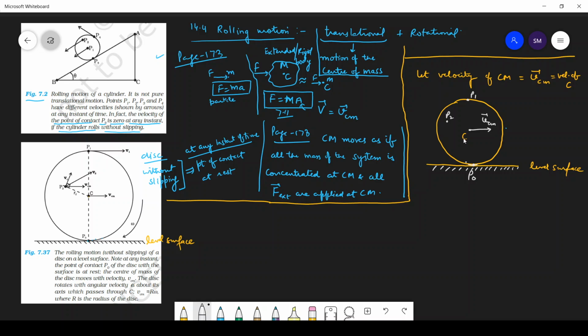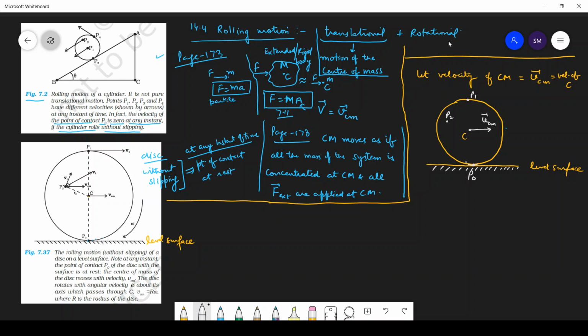One is the translational velocity, that is the velocity of the center of mass, VCM, and the other is the linear velocity on account of rotation.